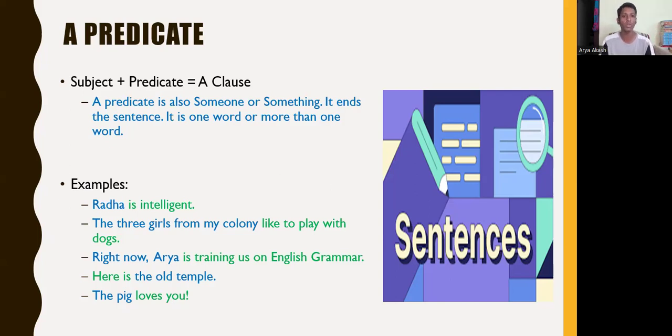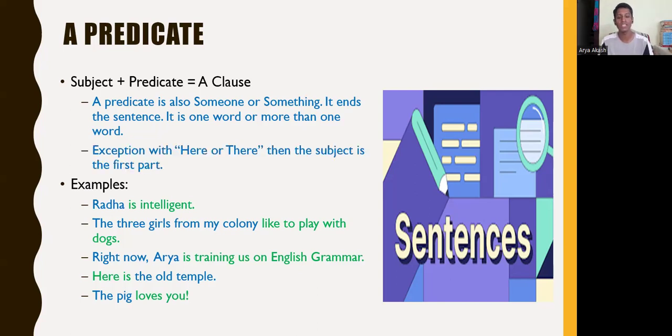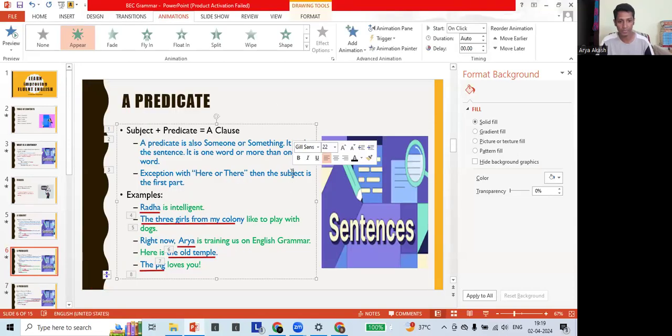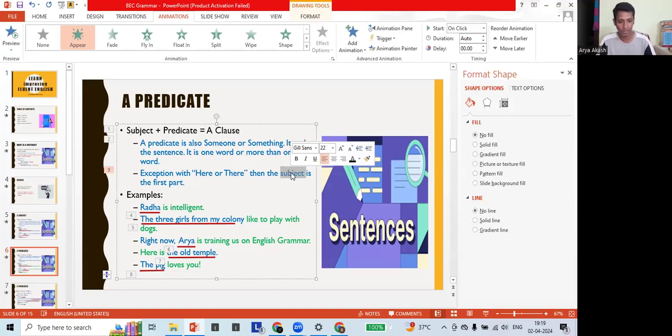It can also be one word or more than one word. Exception: same with here and there. Then the subject is the last part. Sorry, there should be a small correction I have to do. Let me do it right away in front of you. Then the first part is not subject. Then the first part is predicate. Let me correct it.